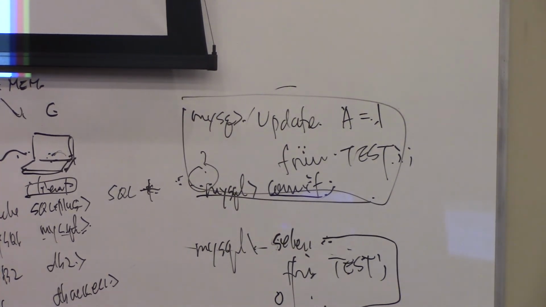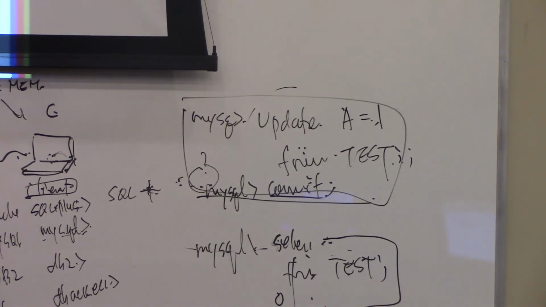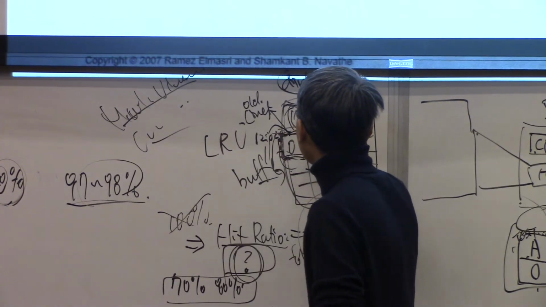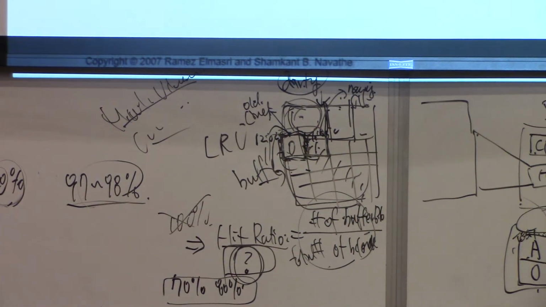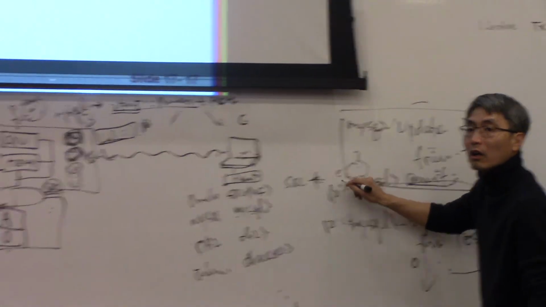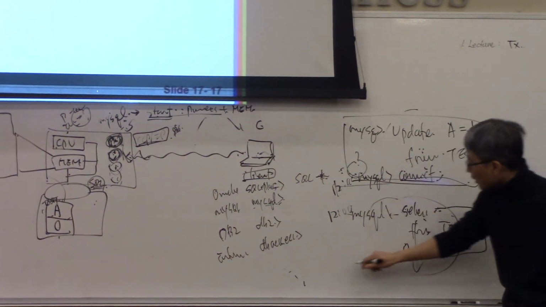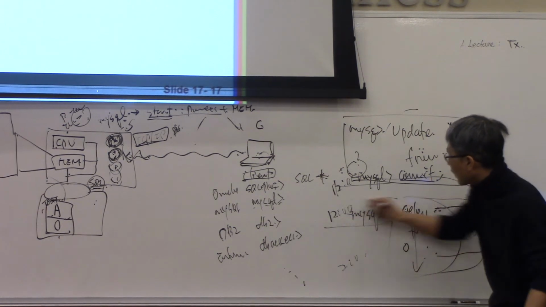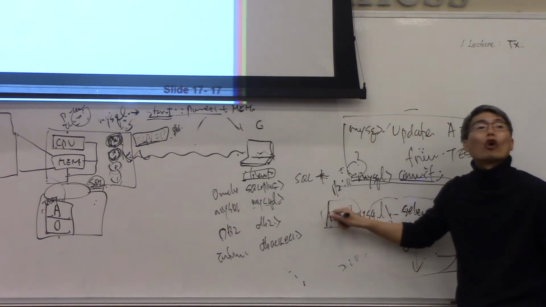The version is old, but this is a timestamp, the noon, the 12 o'clock. This one is 1 o'clock. So this time it starts at 12 o'clock, but it's committed at 1 o'clock. But currently it's 2 o'clock and still running, so the image of this query should be based on 12 o'clock.